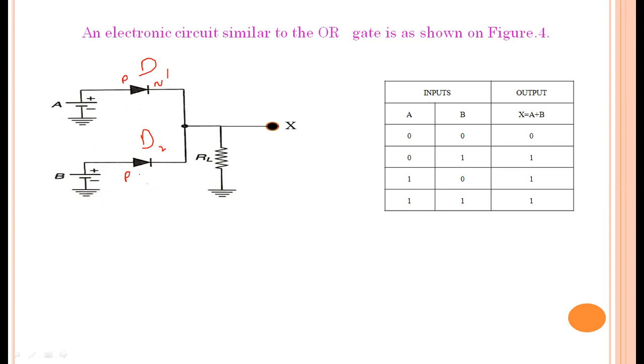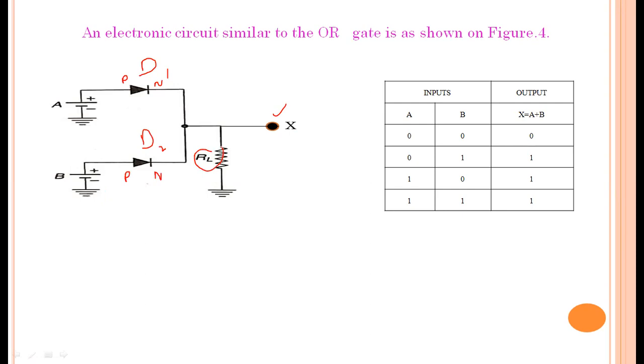This is a p-type semiconductor and this is n-type semiconductor. So all p-type semiconductors are connected to the two batteries. Those are represented by A and B. And the output is taken from the n-type semiconductor. So this is the output. This is where the load resistance RL is connected to the ground.